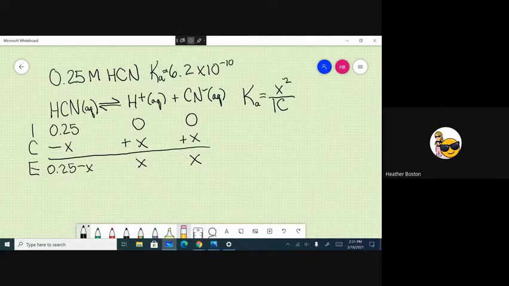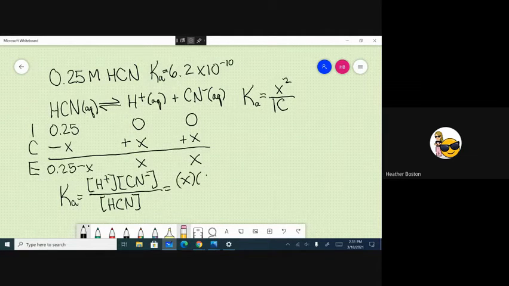Because you'll see if we do Ka is the concentration of the products over the concentration of the reactants, it's always going to be X times X over initial concentration minus X. And for our purposes, we're always going to ignore that X, especially for this one.